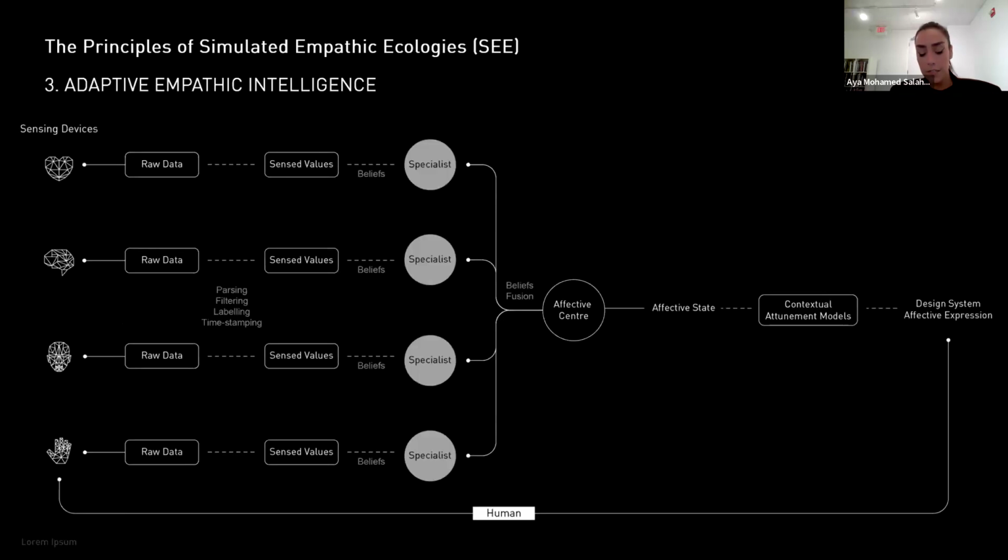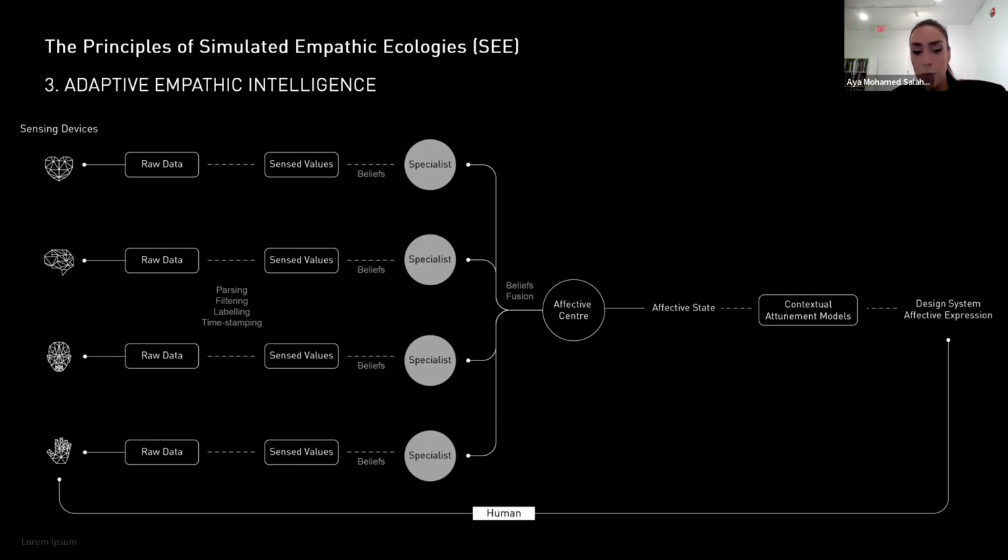This is more of the embedded thread in this tapestry of the framework, and it focuses on the multimodality capability, as well as the ability to have raw data filtered, parsed, labeled, and timestamped into meaningful sensed values, and these sensed values then go to certain specialists or agents that are able to deduce or infer certain emotive sentiments from them.